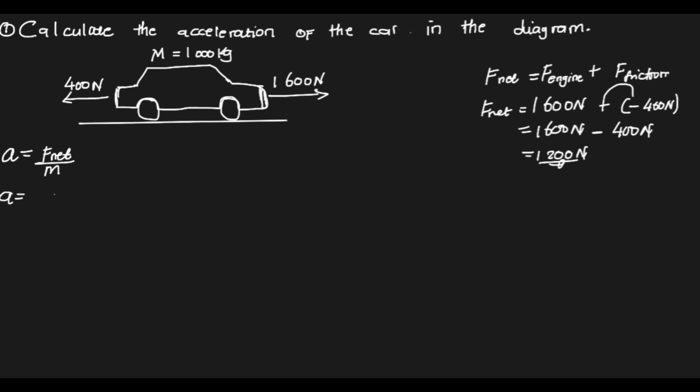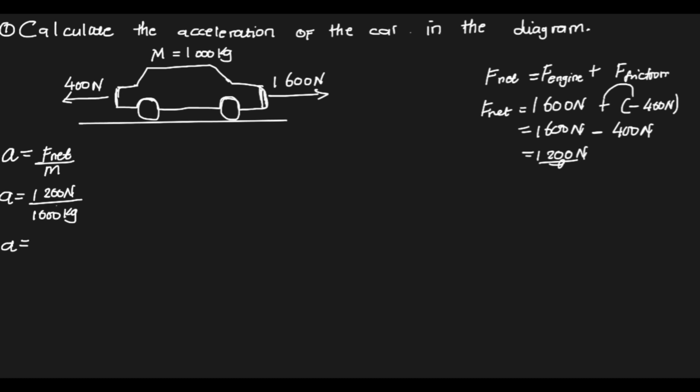So acceleration is equal to the net force, 1200 newtons, divided by our mass, 1000 kg. Now, the other thing that you need to take note of is make sure as you are calculating the acceleration, the mass should always be in kilograms. Sometimes you may be given mass in grams, so don't forget to convert it into kg.